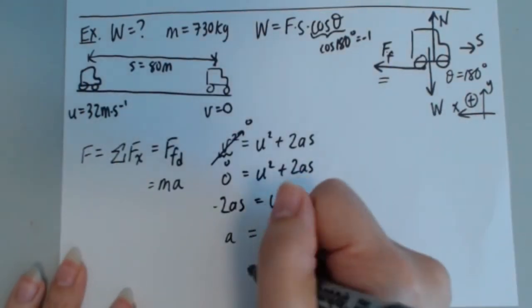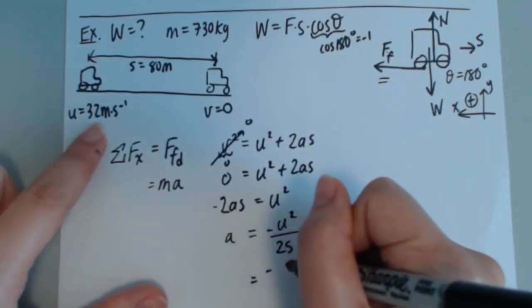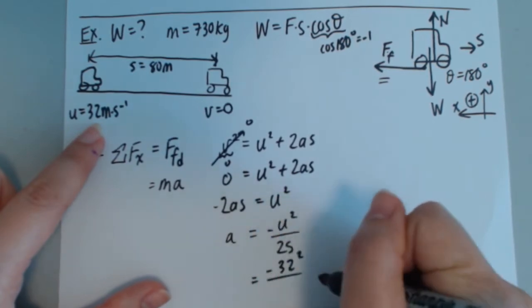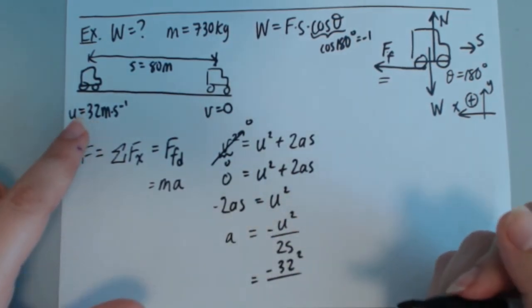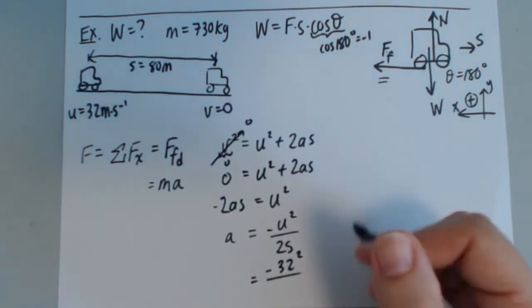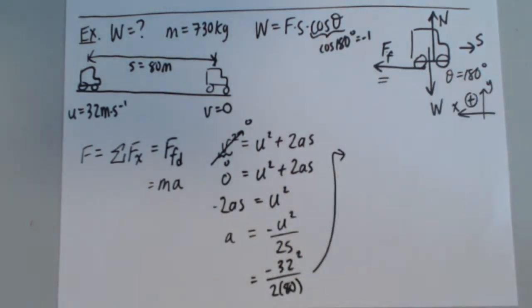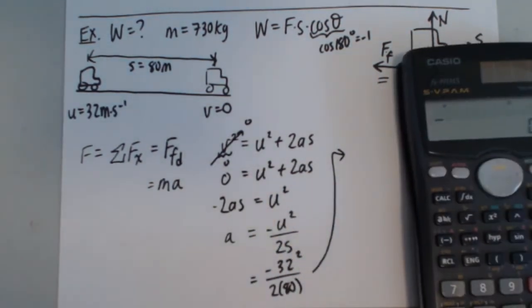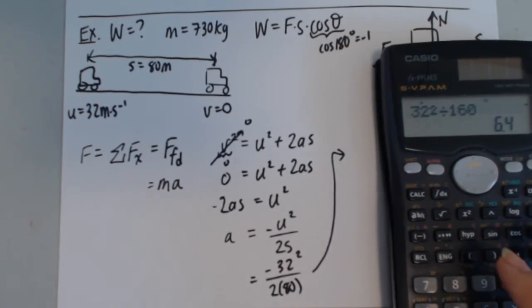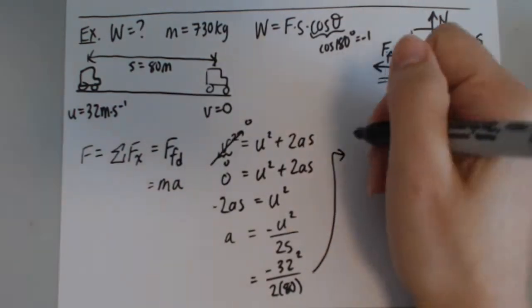All right, so u is 32, so 32 squared. The squared is only being applied to the 32, by the way, not the negative. Divided by 2 times 80. 2 times 80 is 160. So 32 squared divided by 160 is 6.4.